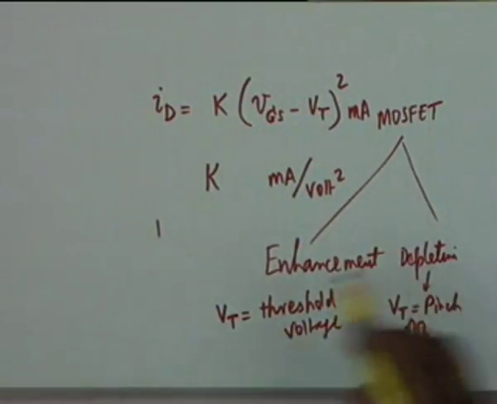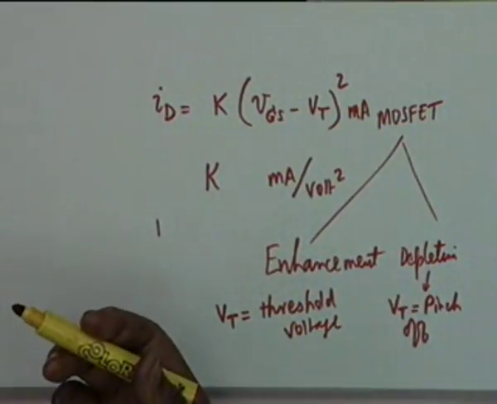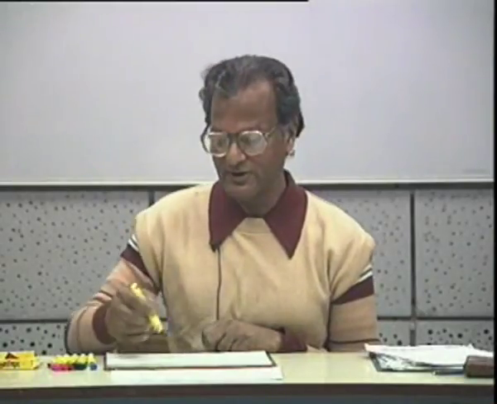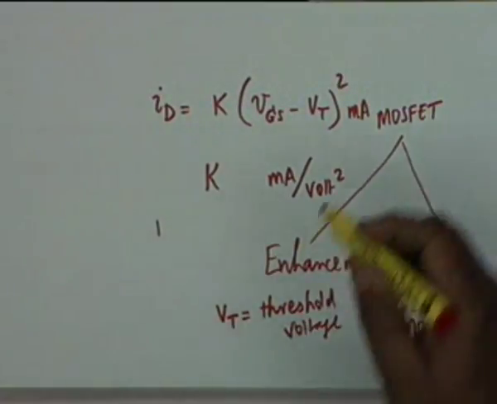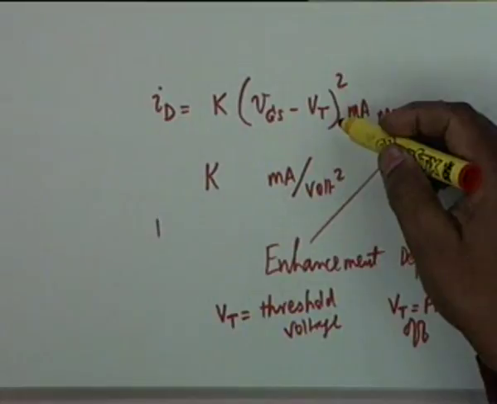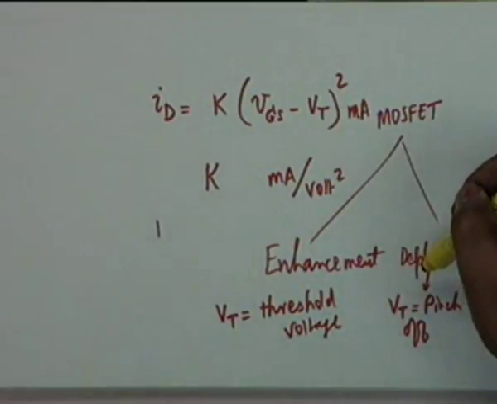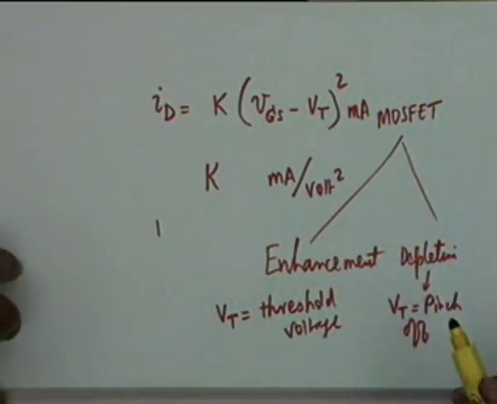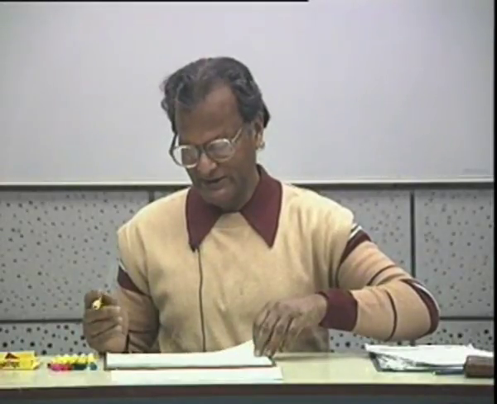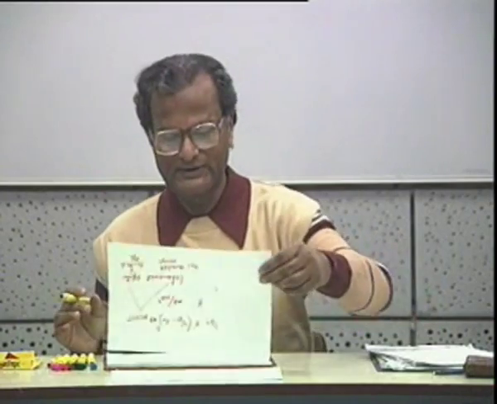Whether it is enhancement or depletion, the only thing that changes is the interpretation of this constant. It is either a pinch off voltage or a threshold voltage. To denote that this is MOS, even if it is depletion mode, we use the symbol VT. Is that clear? So this is all that I wanted to tell you about MOSFET.